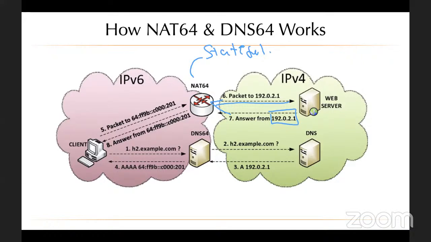And then use this information to build an IPv6 packet, which is going to be sent to the client. As usual, the destination is going to be the client's IPv6 address, and then the source is going to be the synthesized IPv6 address.